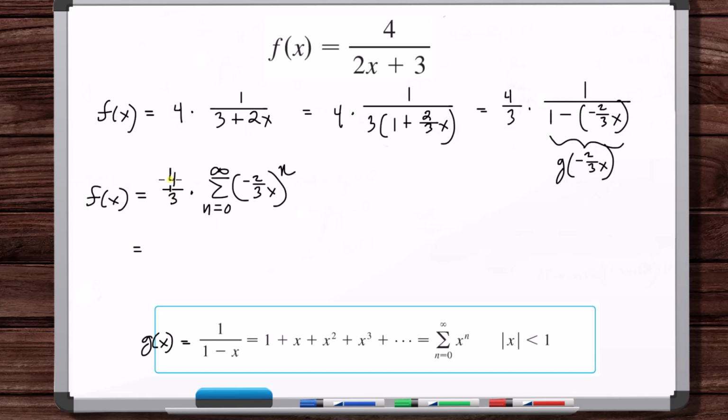If we think about 4 as 2 squared, we've got minus 1 to the n times 2 squared over 3 to the first times 2 to the n over 3 to the n times x to the n.